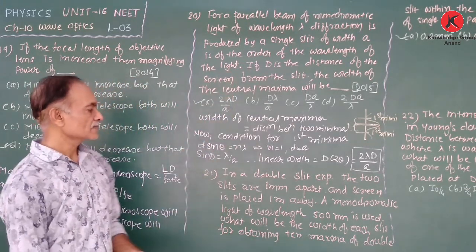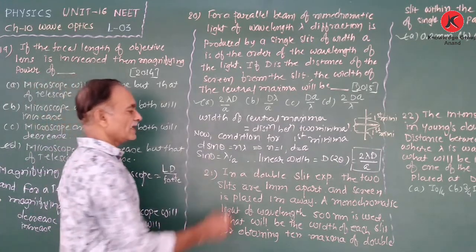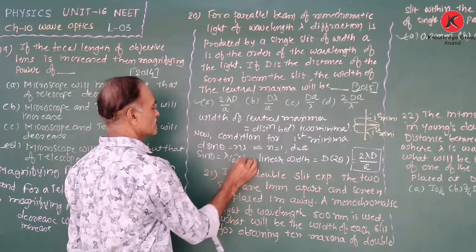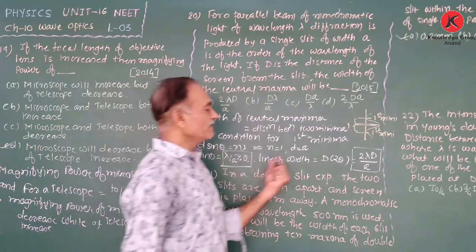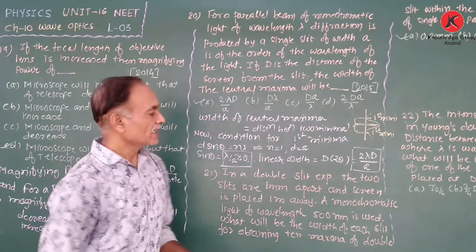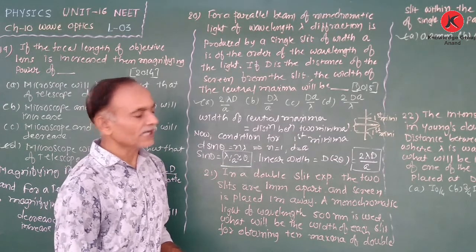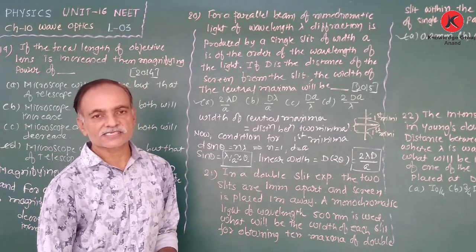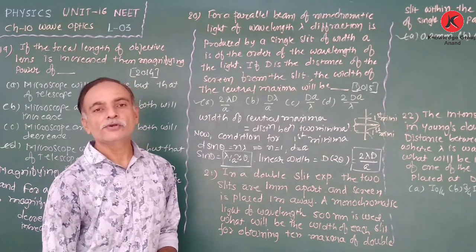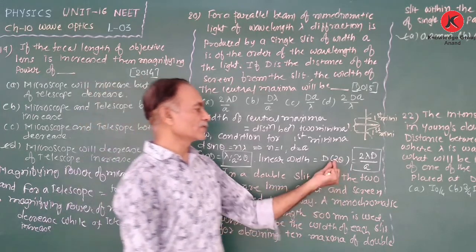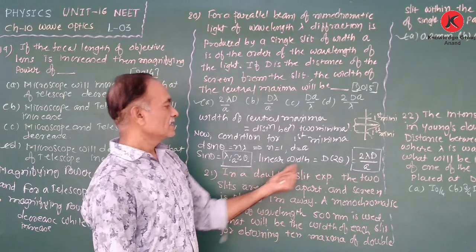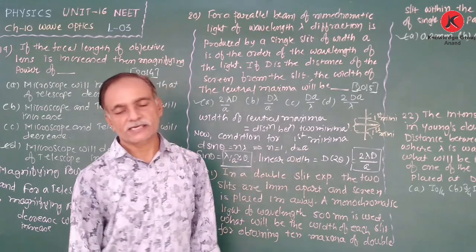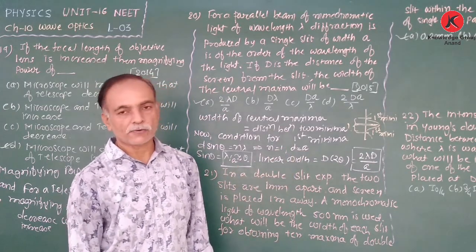Therefore, sin theta is equal to lambda upon a, which is equal to theta. Therefore, the linear width is equal to capital D into 2 theta, that means the distance of the screen from the slit times the angular width. With theta equal to lambda upon a, we get 2 lambda D upon a.